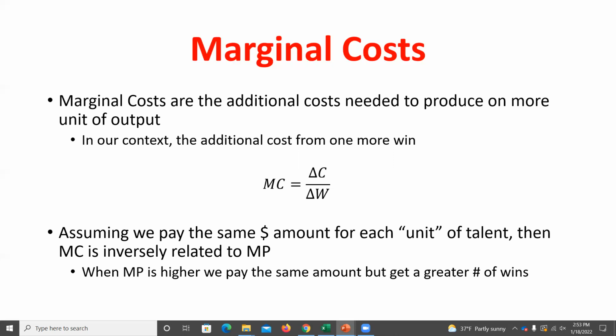And if workers all cost the same, then to get that 1,000th unit, it's going to cost me a lot more because I'm going to have to hire a lot more workers because they're not nearly as efficient as when I wanted to produce that first unit. I just had to hire the most efficient worker out there and only pay one worker. Same idea here. Initially, to get one additional win, I may only have to hire 1 unit of talent, right? However that looks, it doesn't matter position or sport or anything.